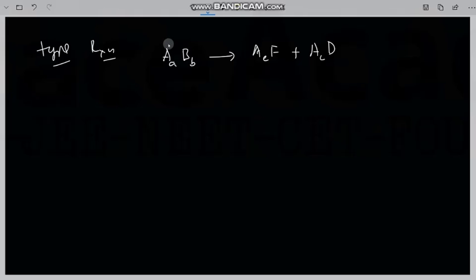On the reactant side, the oxidation state of A is considered as plus X. On the product side, one oxidation state is X, the other one is plus Y. So we can say these are salts, with only one atom A undergoing a change in the oxidation state, but giving products with different oxidation states of the atom. One product has the same oxidation state, the other product has a different oxidation state from the reactant.